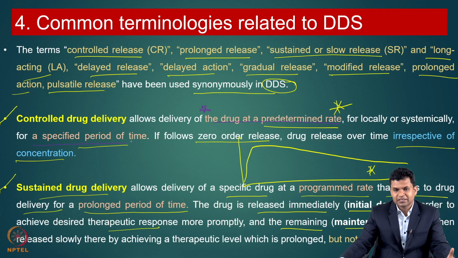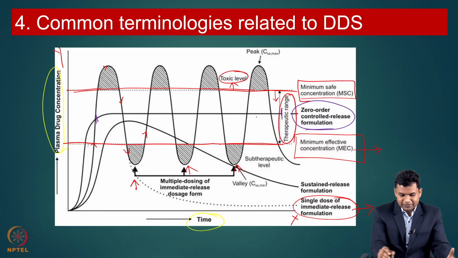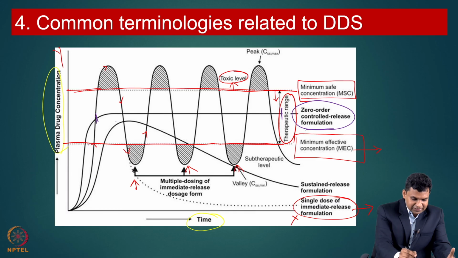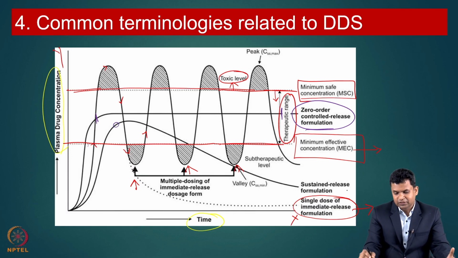That is called zero order release. Whereas sustained release depends on the concentration, and that is first order release. Initially the dose will release and then it will sustain for a longer time. That is called sustained release.